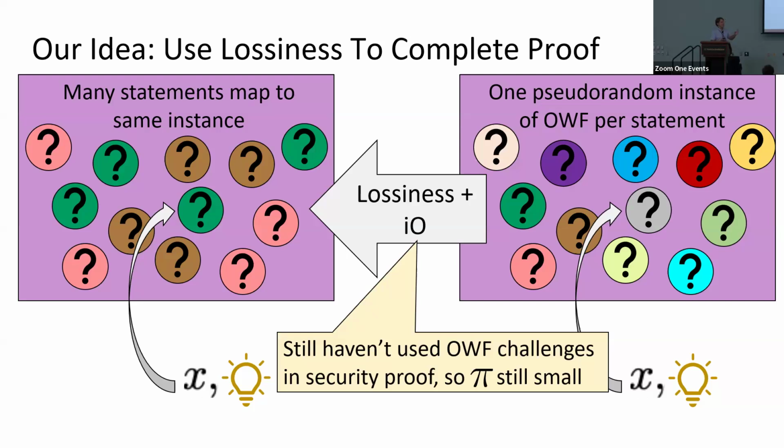Basically what happens is the one-way function instances are derived from the range of the lossy function. And so the number of different one-way function instances you get on the other side grows with the number of image points in the lossy mode of the lossy function. Okay, so we use lossiness to move to this setting where we have very few instances.